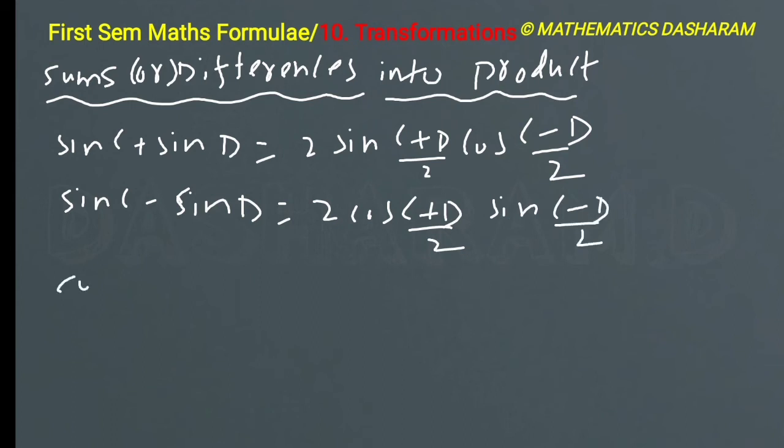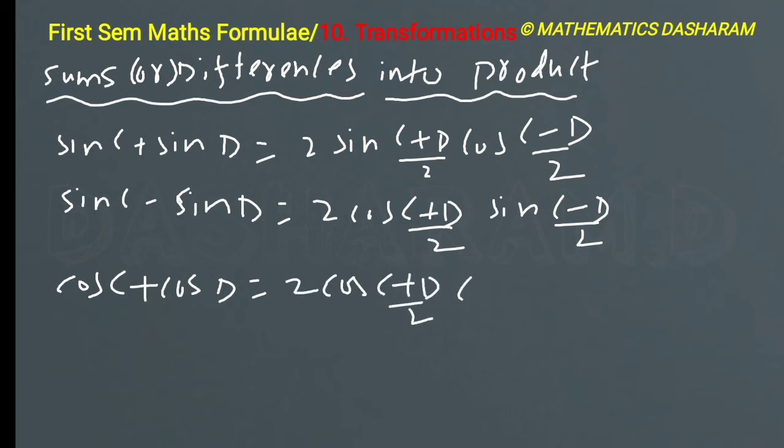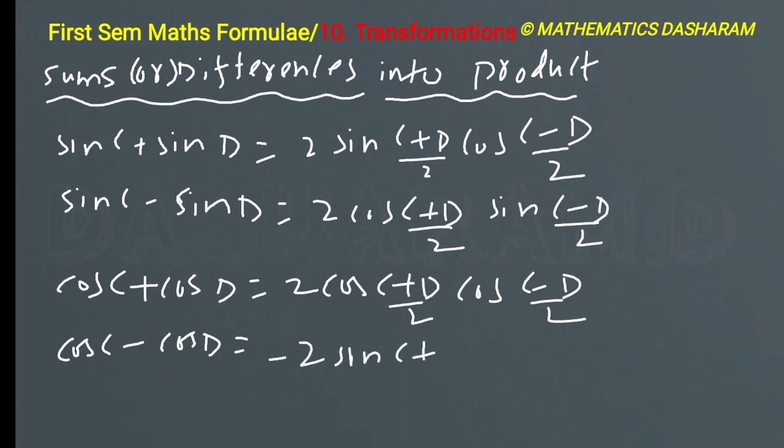Next, the third one, cos C plus cos D equals 2 cos((C plus D) by 2) into cos((C minus D) by 2). Fourth one, cos C minus cos D equals minus 2 sin((C plus D) by 2) into sin((C minus D) by 2).